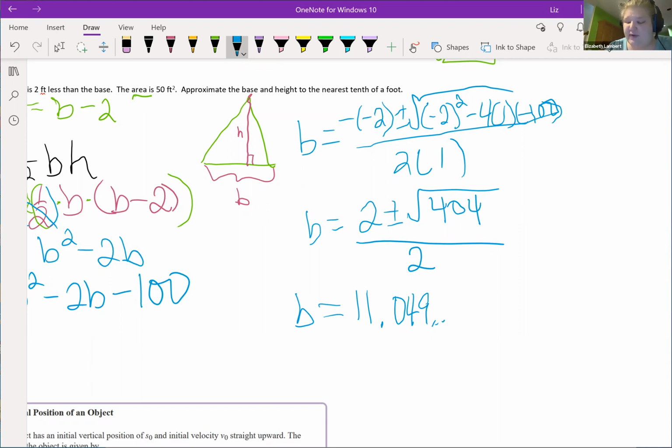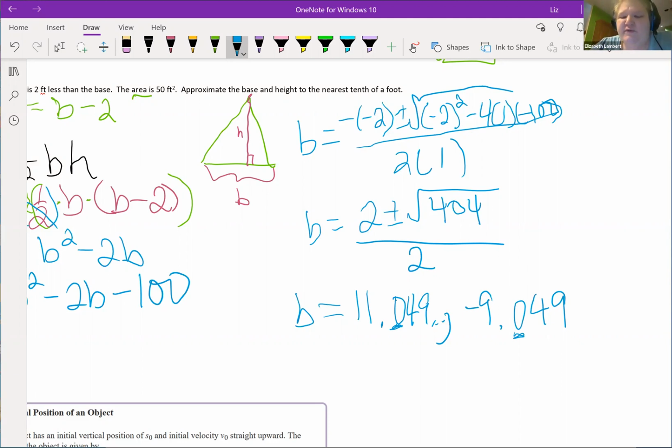And that is now negative 18.099 divided by 2, negative 9.049. Now they did say to the nearest tenth of a foot. So that is actually just going to stay 0.0. So we have 11 or negative 9 as potential answers here.